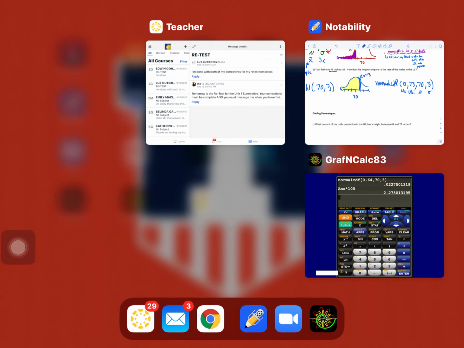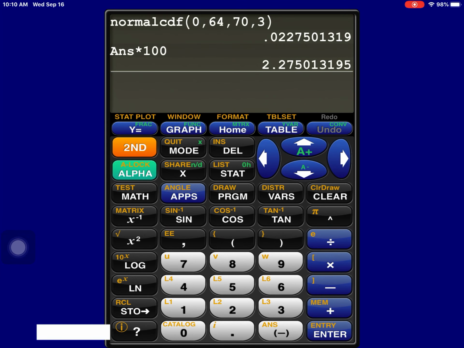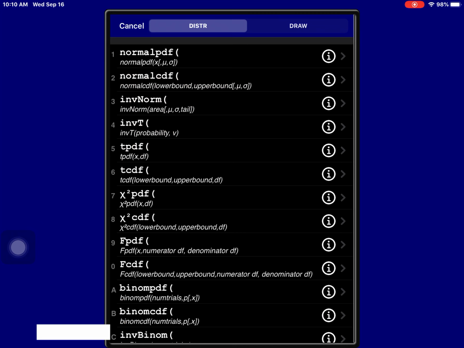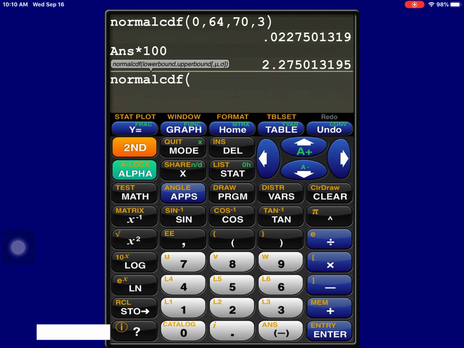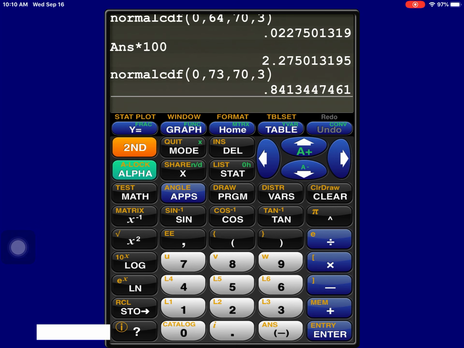All right, let's pull out the calculator. So again, hit second, go to vars, normal CDF, and the only thing that changed here was the fact that our upper bound was 73 now instead of 64, sorry. And we have 84%.